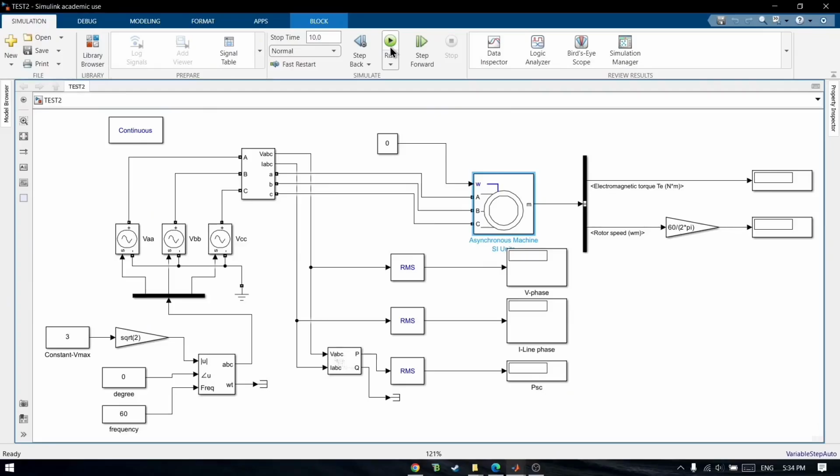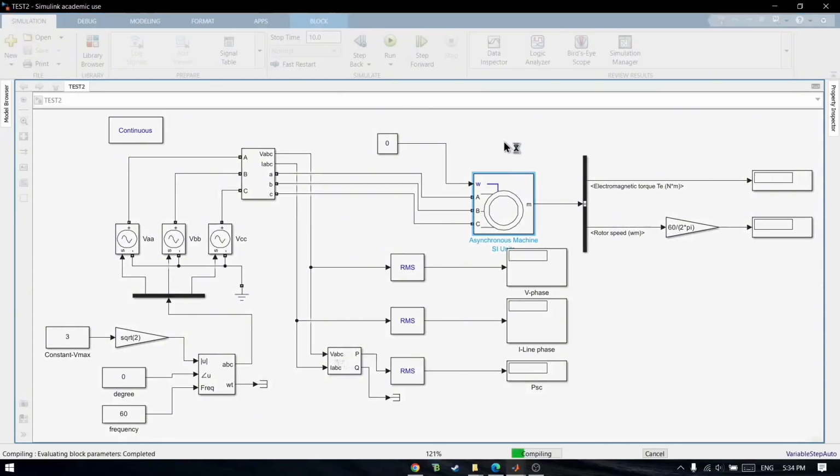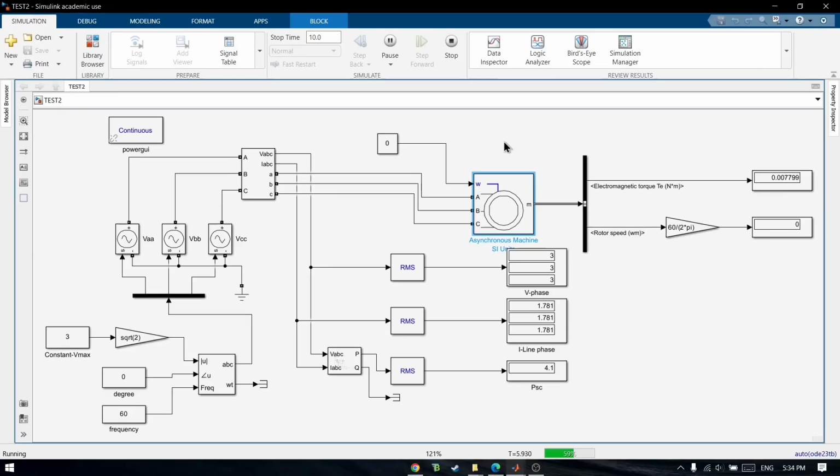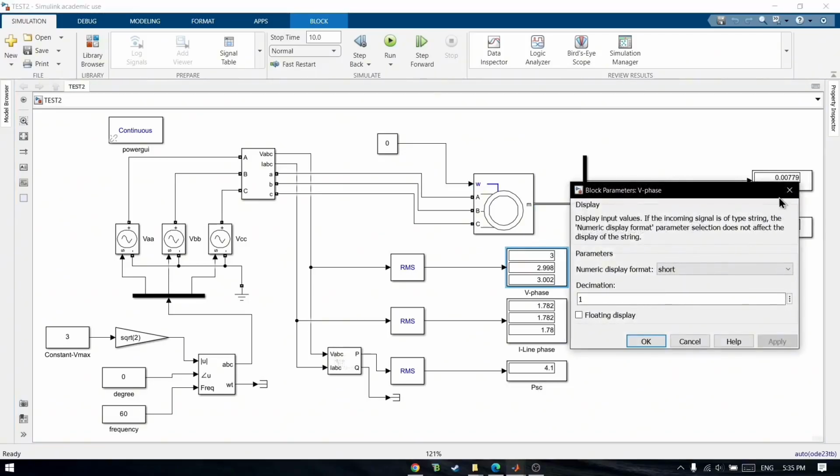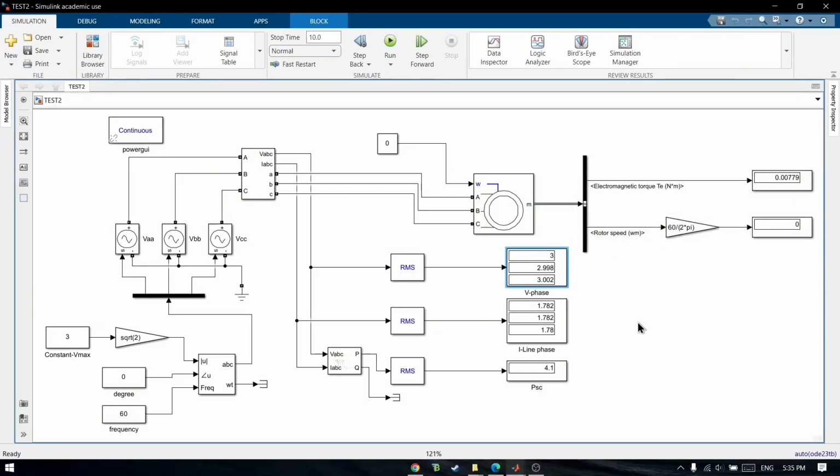So we run the simulation with a reduced voltage of 1 volt. As you can see, the results for phase voltage, phase current, and short circuit power.